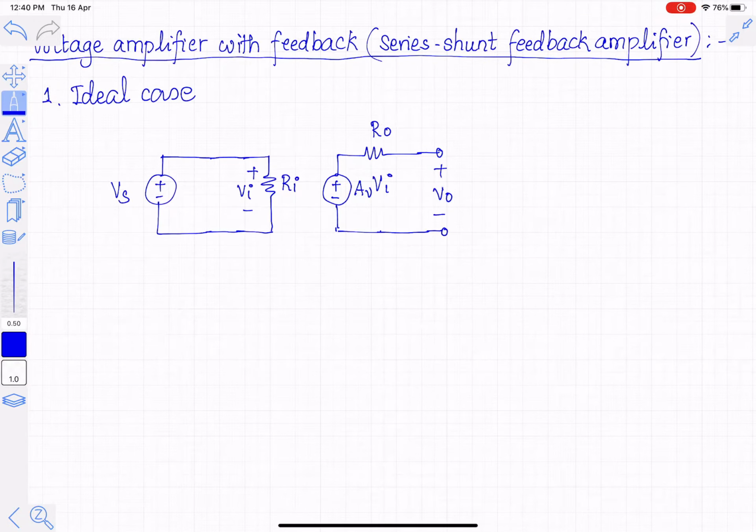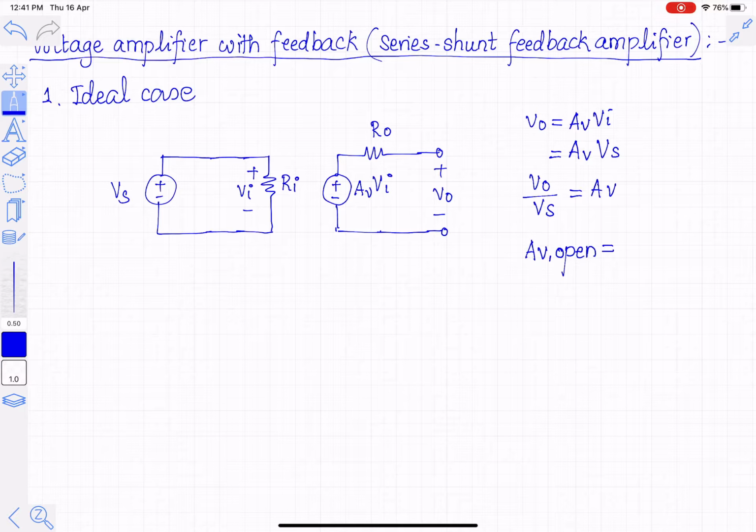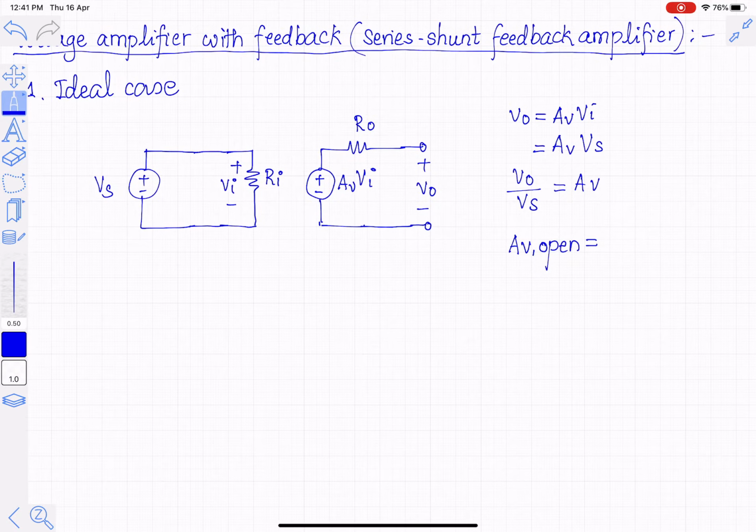We can see that VO is equal to AV into Vi, where Vi is equal to Vs. So VO divided by Vs is equal to AV. This quantity is called AV open, that is, the open loop gain of the voltage amplifier, which is given by AV.